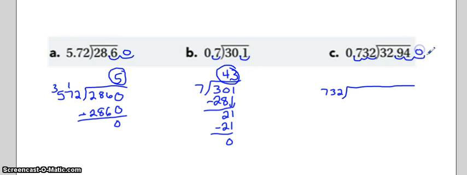So we're going to have to add a 0, put our decimal out here. So that means our new number on the inside is 32,940, where this is a comma, not a decimal. Matter of fact, we don't even need to write the comma, because on my screen it looked kind of like a decimal.